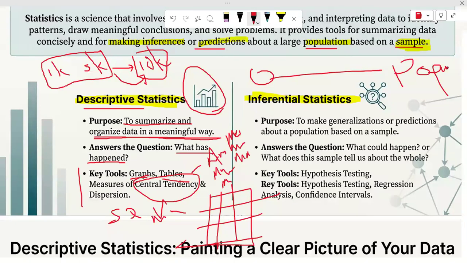You observe that individual, and after that you generalize that all individuals from that town look like this and behave like this. So this is the practice of this community. How do you get to know? You observe only one or two individuals and you generalize. Sri Lankans are like this. For example, you may observe the Africans.